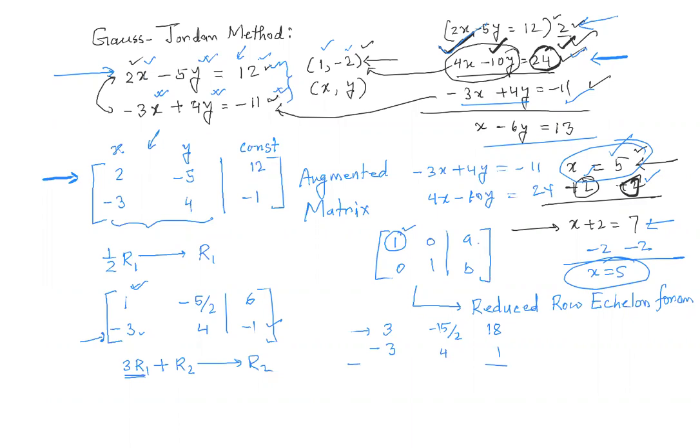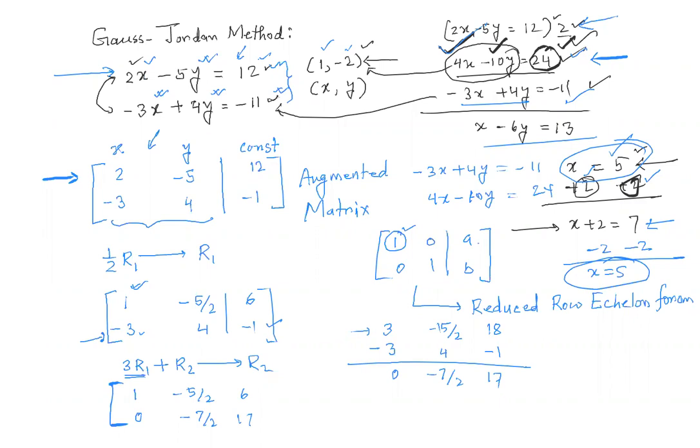If you do that, this becomes 0, this becomes -7/2, and this becomes 17. So now your new first row becomes 1, -5/2, 6, and the second row becomes 0, -7/2, and 17.